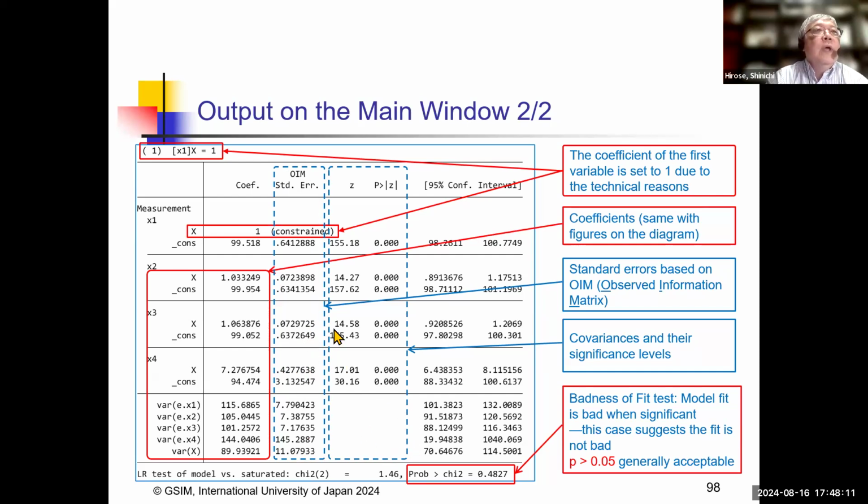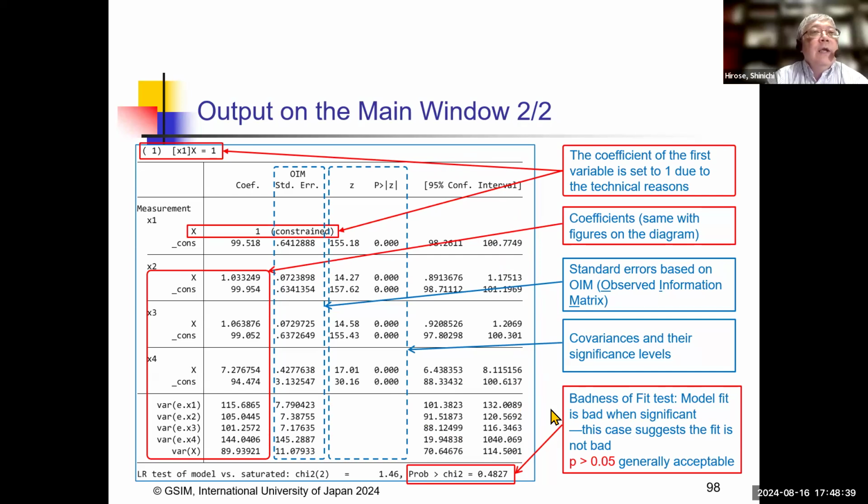And here we have the confidence level. In this case, all indicators show 0.000, so the fit was very good generally speaking. And here we have confidence interval.